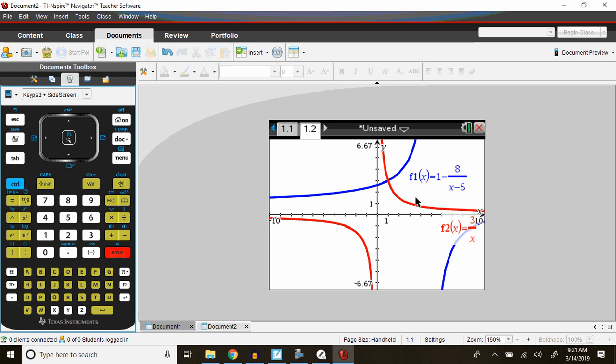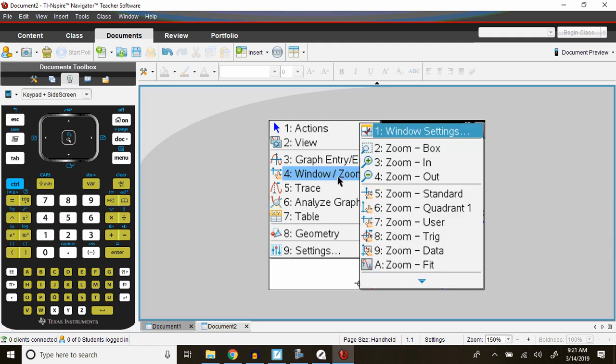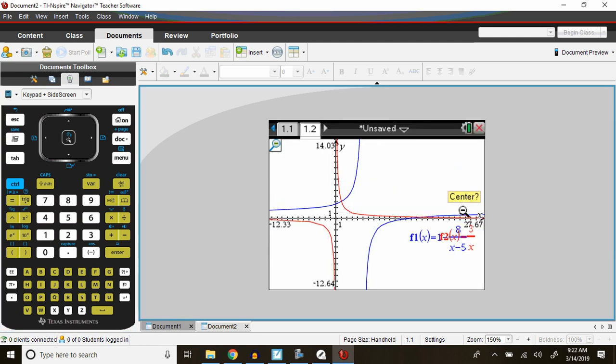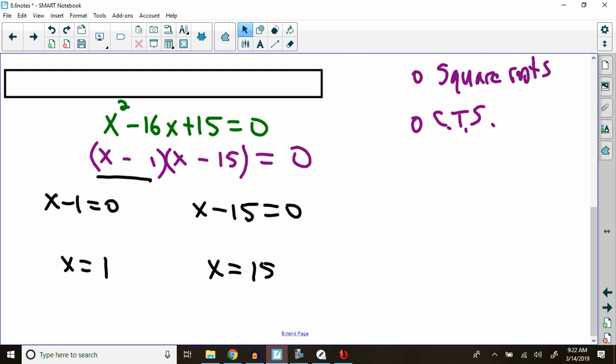So how many times do those graphs appear to intersect? Maybe I better zoom out. Oh, they do intersect twice, don't they? Guess where? When x equals 1 and when x equals 15. Questions, comments, concerns, short debates about this.